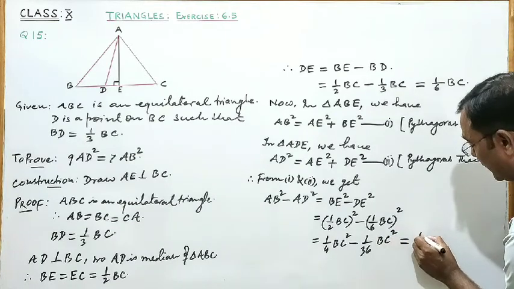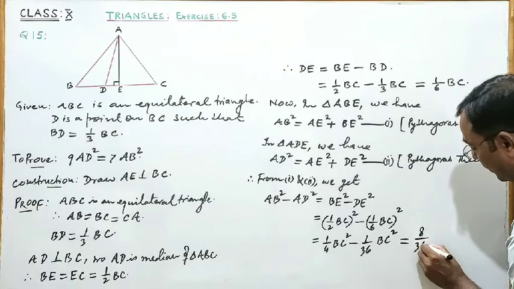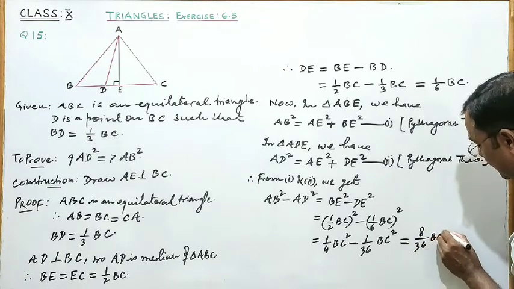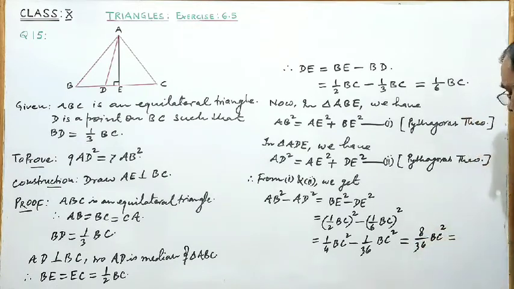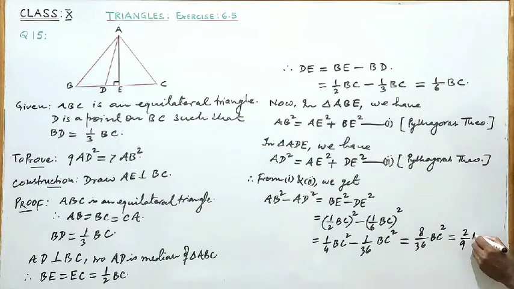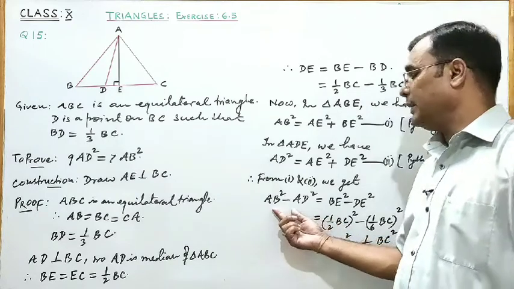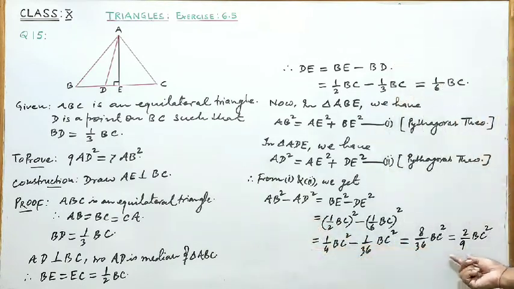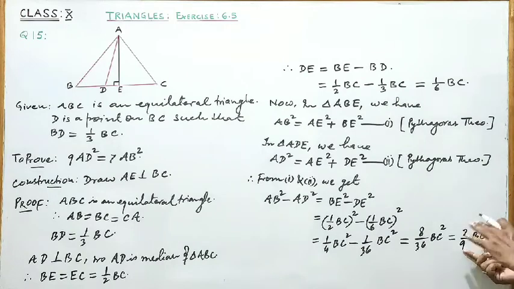If you solve this, it will be 8 by 36 BC square. Further you reduce 8 by 36 to its lowest form, you will find 2 by 9 BC square. So AB square minus AD square, we have got 2 by 9 BC square.